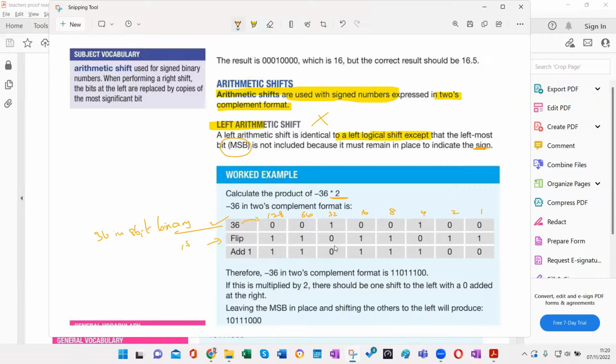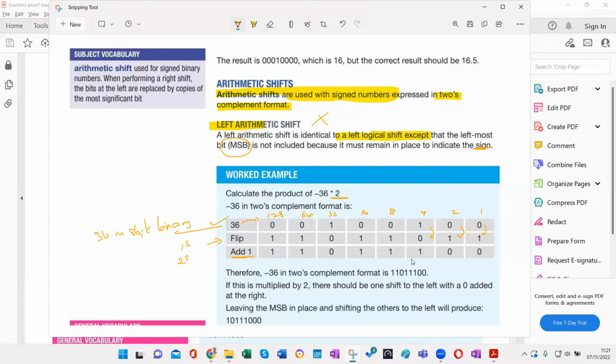And how do you do that? By flipping the bits. So 0 becomes 1, 0 becomes 1, 1 becomes 0. So you simply flip the bits. Easy. And then finally, you convert that into 2's complement form by adding 1 to the 1's complement form, right?